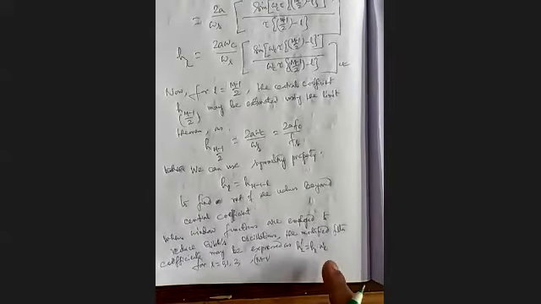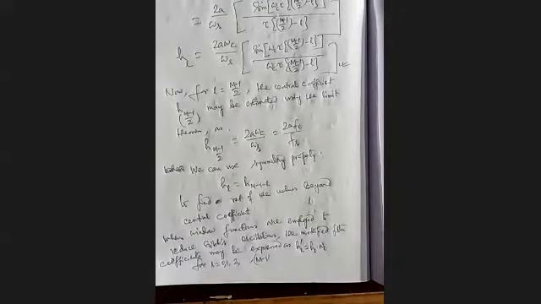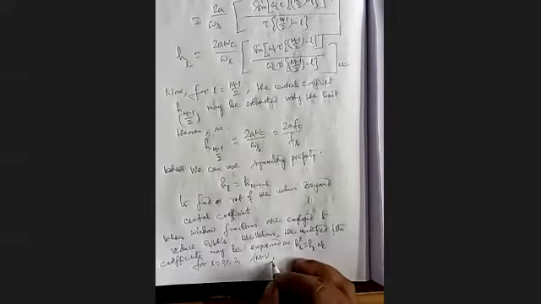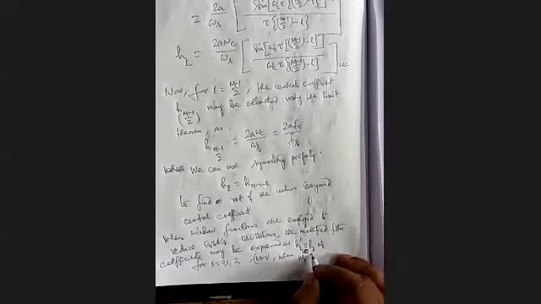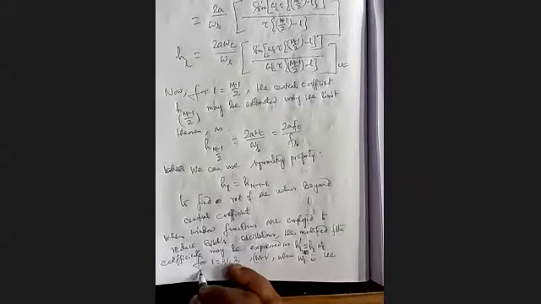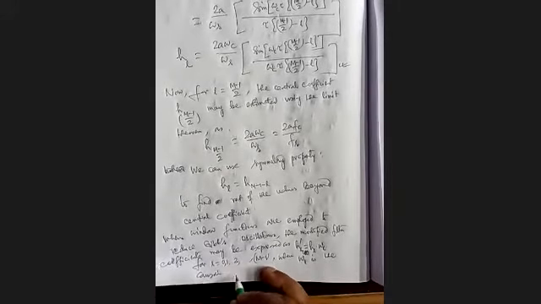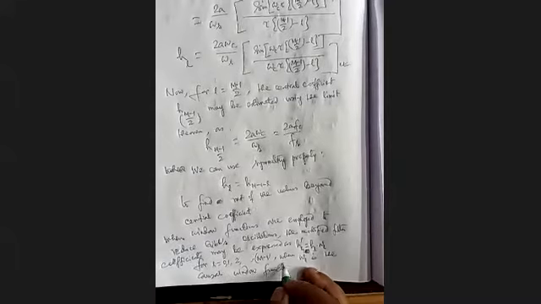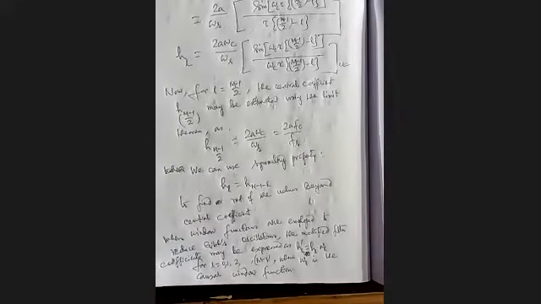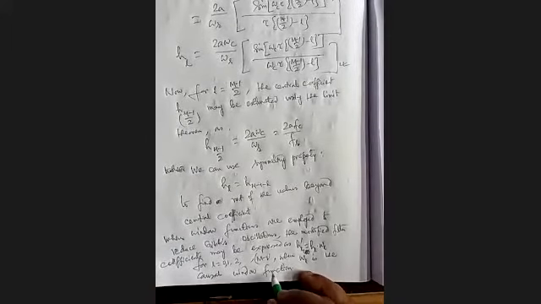We can use any window function of our choice, where WL is the causal window function, or causal window sequence also we can say.